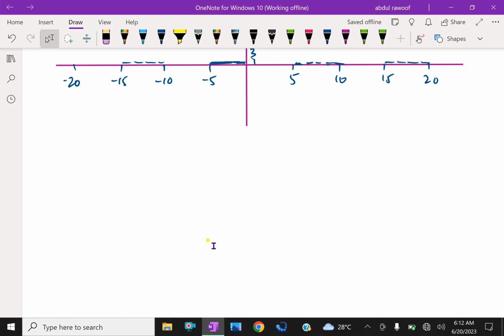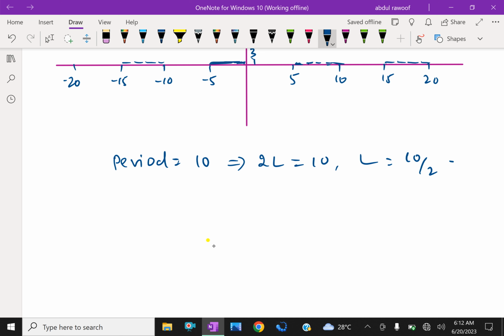First, the given period equals 10, therefore 2L equals 10, then L equals 10 by 2, which is 5.